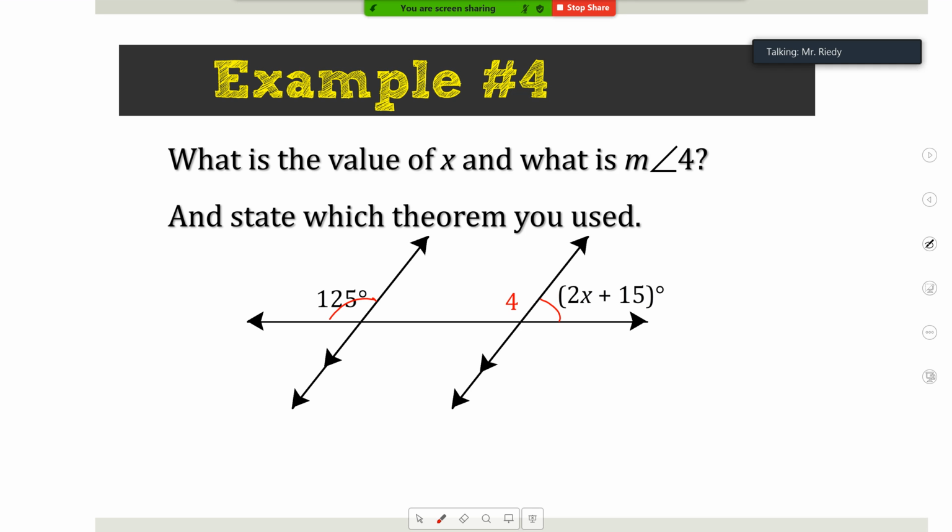That's a good start. What's the relationship, Emily, between same side exterior? Are they congruent or supplementary? Bingo. Now, you could either look in your notes for that, or notice I've got an acute angle, I've got an obtuse angle. They have to be supplementary. So what equation would I set up?